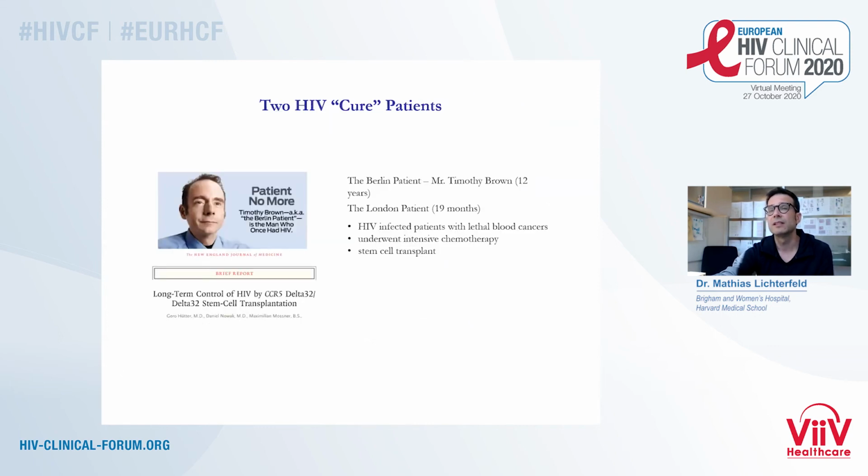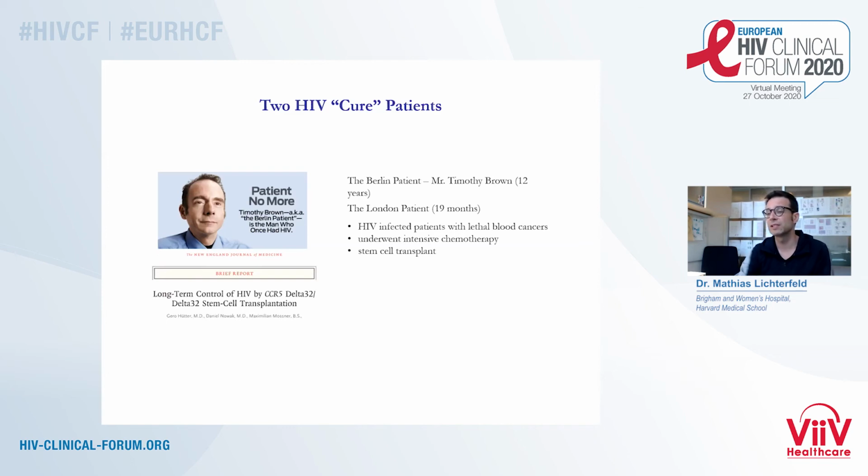I briefly wanted to talk a little bit more about how this relates to a cure for HIV. Most of you know about this patient, Timothy Brown, who was the first patient who was actually cured of HIV by getting a bone marrow transplant that was positive for this Delta 32 variation, which confers resistance to CCR5 tropic HIV infection.